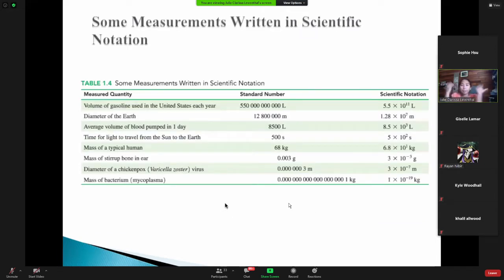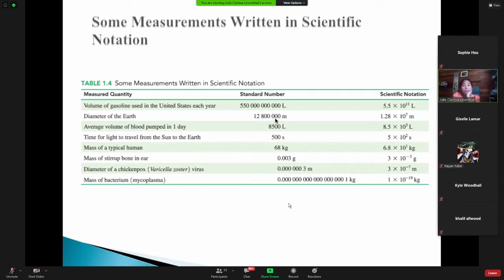To put it in perspective, why we write scientific notation: the volume of gasoline used in the United States is a big number in liters, thousands, millions, billions, trillions.